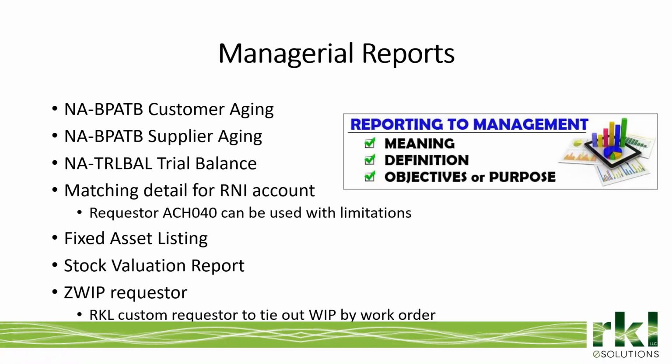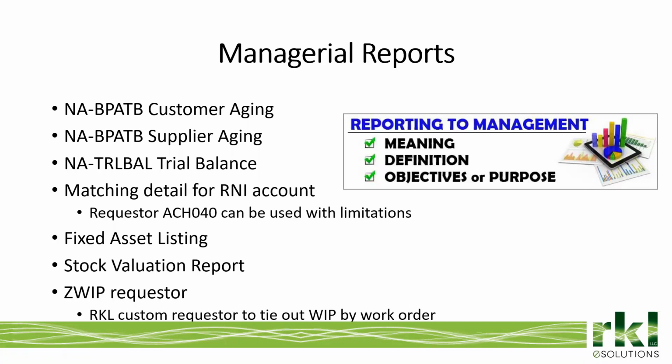If not, just reach out to one of your consultants and we can certainly add that to your system. Again, it's not time consuming to implement, and it is helpful. It does have some limitations, but as long as you're not doing partial receipts, it's going to help you tie out. As long as you receive an invoice in full, this requester will work.